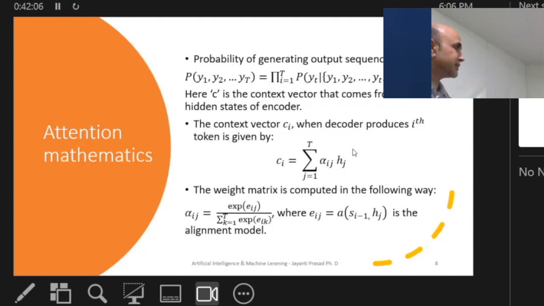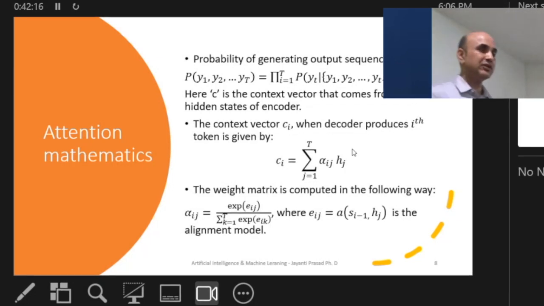And in this formula, in the last line, you can see that the denominator is just normalization. This gives us those values of the coefficients. I will come back to this again and again.